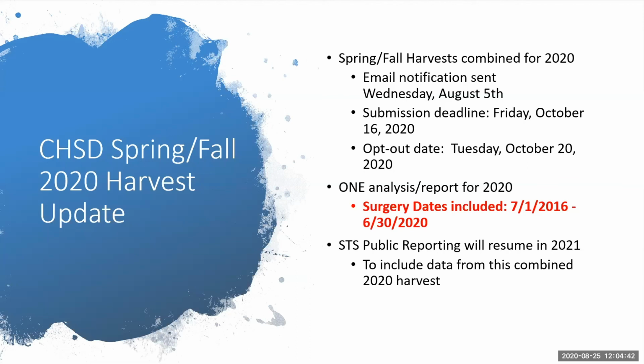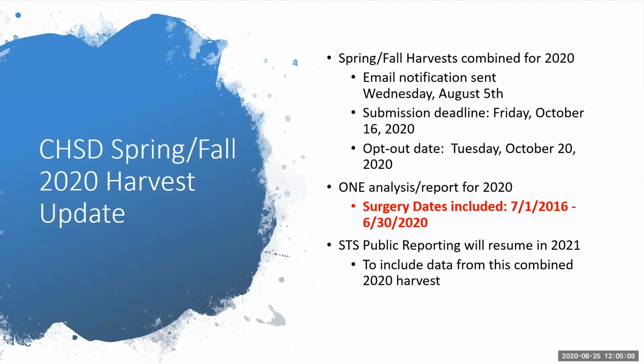Due to the release of the platform, the task force and the STS decided that there would only be one harvest for 2020. Just to recap, the analysis will cover a 4-year time period, July 1, 2016 through June 30th, 2020. So participants should be submitting surgical dates up through June 30th of 2020 for this harvest.